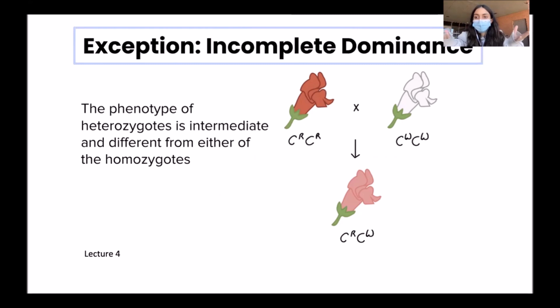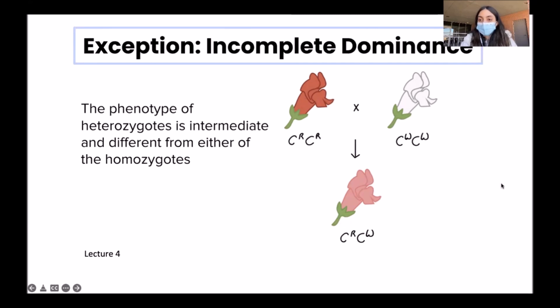So let's say we have a red flower here, we have a white flower here, and the offspring looks pink, which is not like both of them. And this is what we call incomplete dominance. So the heterozygote offspring is going to be the intermediate, and that's incomplete dominance.